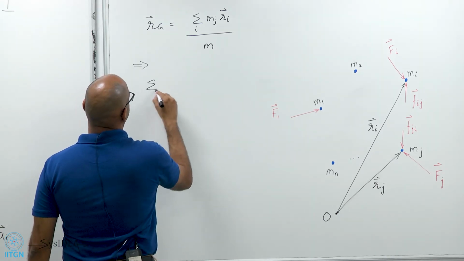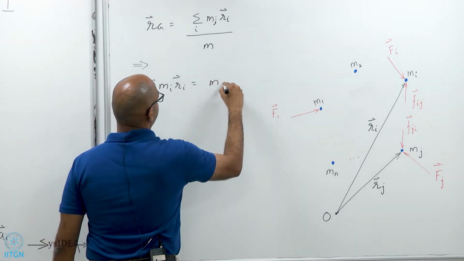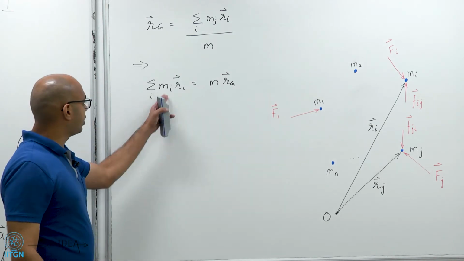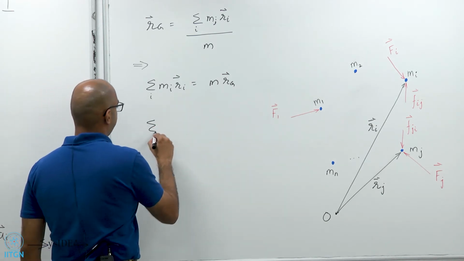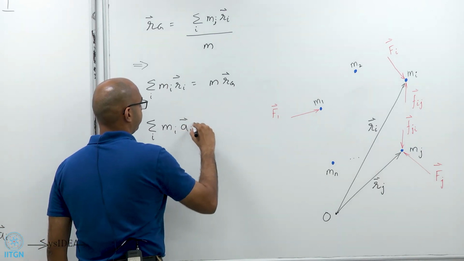Therefore, the sum of mi Ri is equal to just m Rg. Now if I differentiate this twice, I get the same sort of expression for acceleration as well.